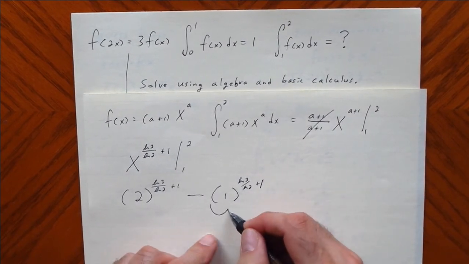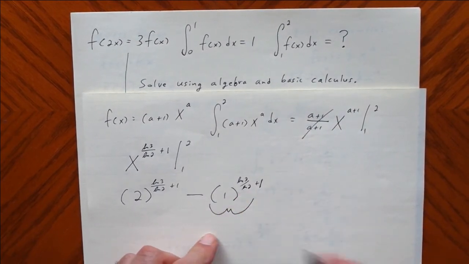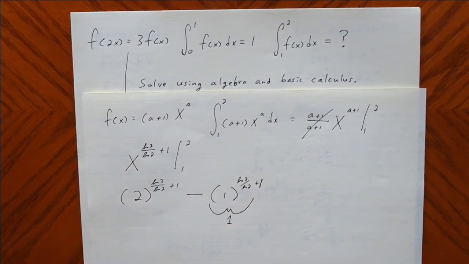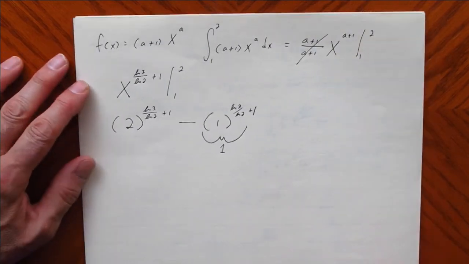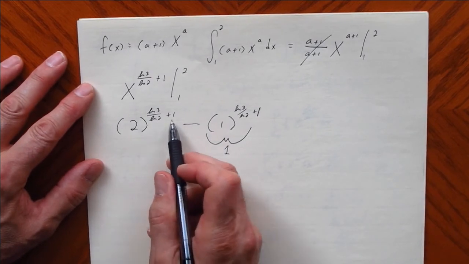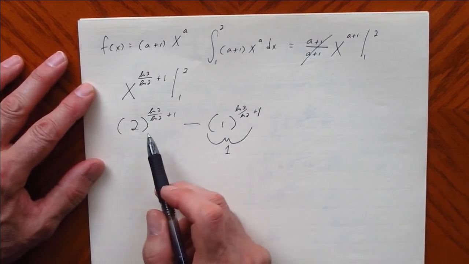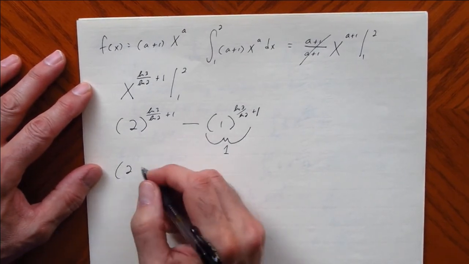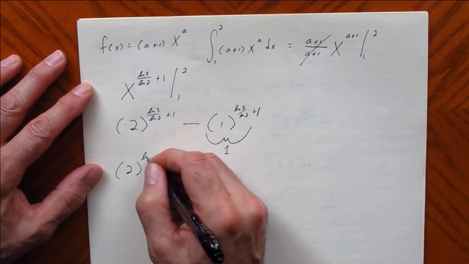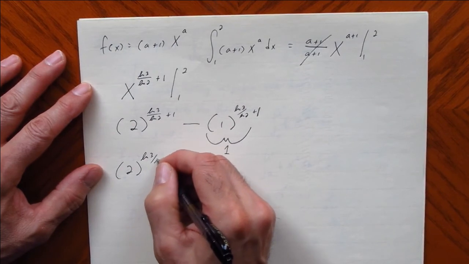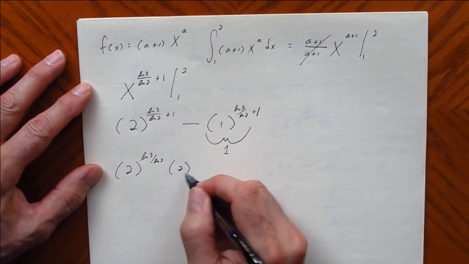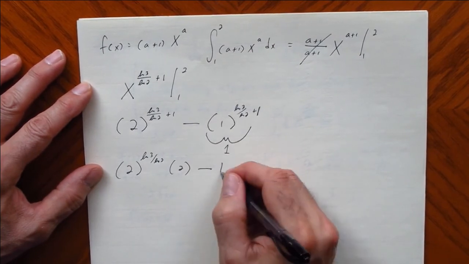This right here is 1 raised to a power, so you know that's just 1. Can't do much with that. Now here, we see we have 2 raised to a power plus 1. What we can do is break this up by the laws of exponents. What we have here then is 2 to the log of 3 over log of 2, multiplied by 2, and then we're going to subtract 1.